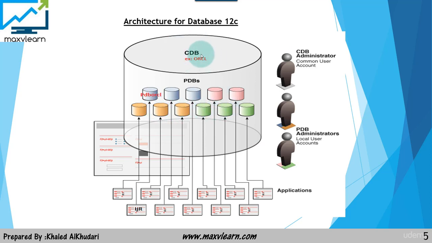For example, if the name of the container database is ORCL, maybe I will find pluggable databases called PDB ORCL 1, 2, 3, 4. And each pluggable database has its own objects, own tables, and applications.